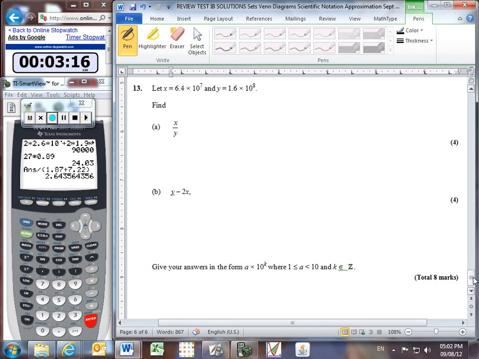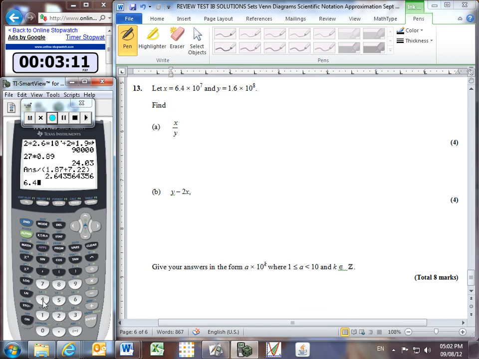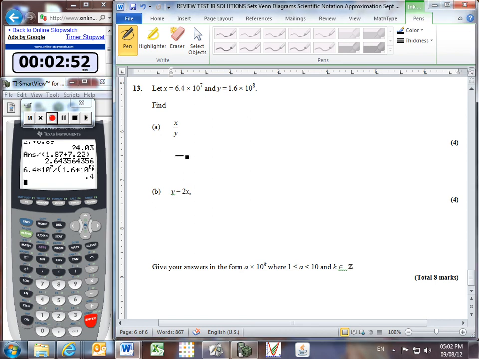We've done one of these already, haven't we? So we're just going to do a division between 6.4 times 10 to the power of 7, and we'll divide it by the product of 1.6 times 10 to the power of 8. And make sure you put the denominator into parentheses so that we are dividing by the entire thing.